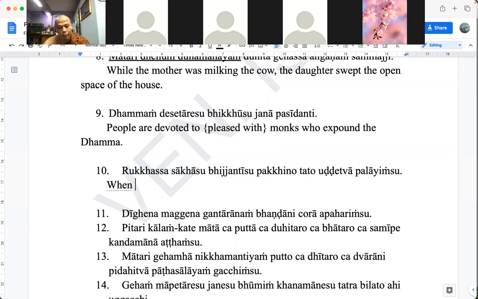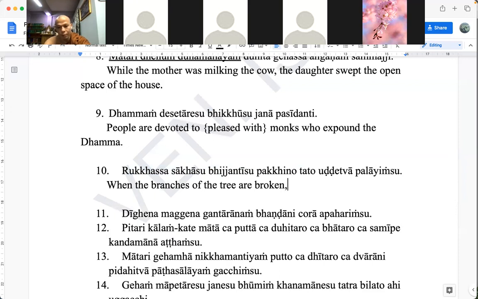So sakha means branch. When the branches of the tree are broken or cut, so are broken.